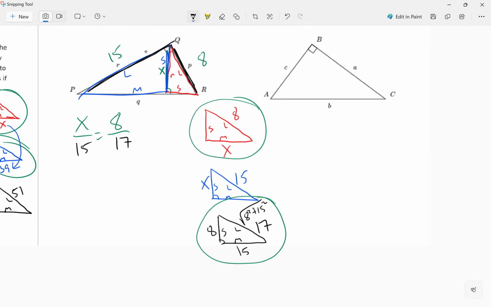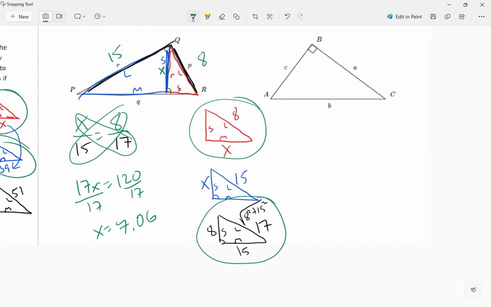Cross multiplied. 17 times X is 17X. 8 times 15 is 120. Let me divide both sides by 17. And it gives me, rounding to 2 decimal places, 7.06.